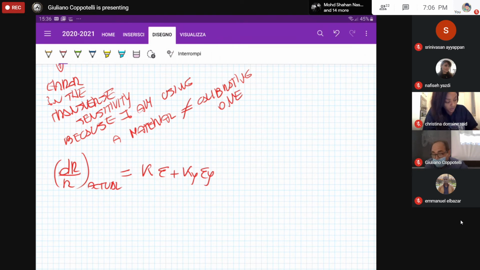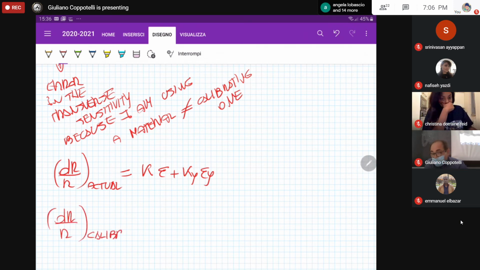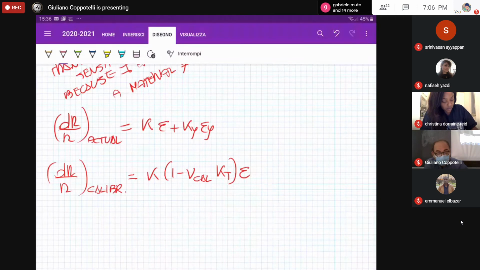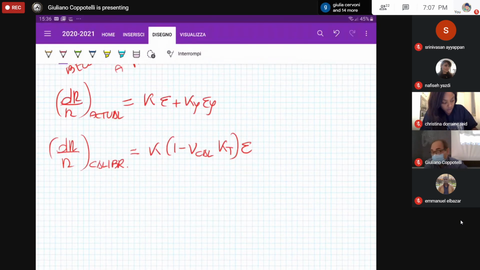The same we can say for the change of resistance with respect to the calibrating material. And that is given by K1 minus the calibration KT, that we know very well, and then epsilon. Of course, we don't know anything about the other parameters.